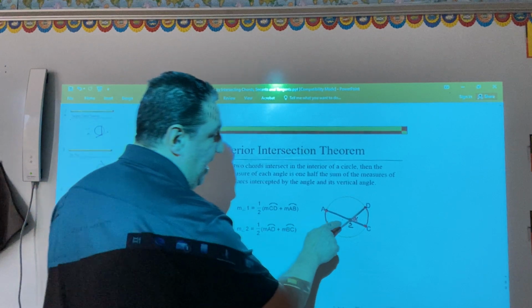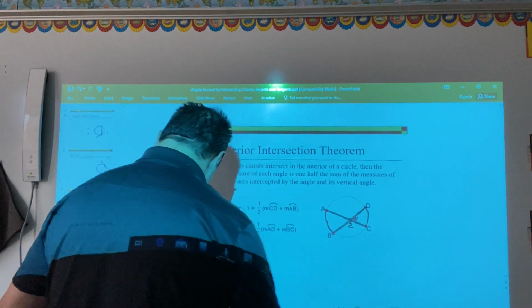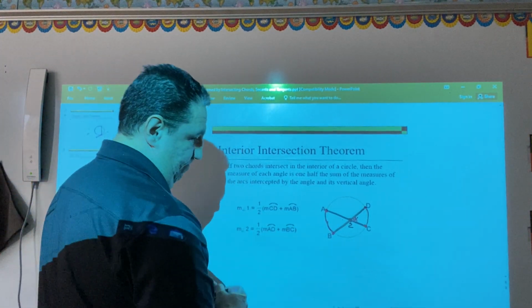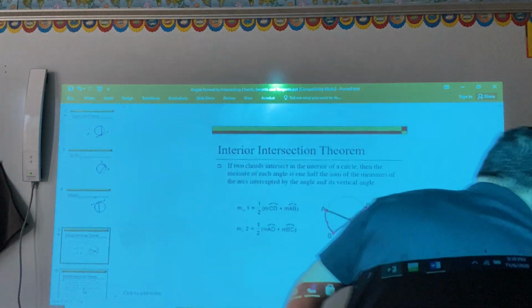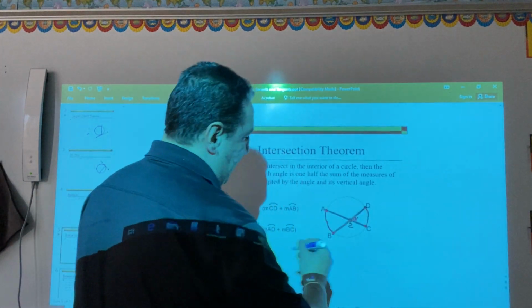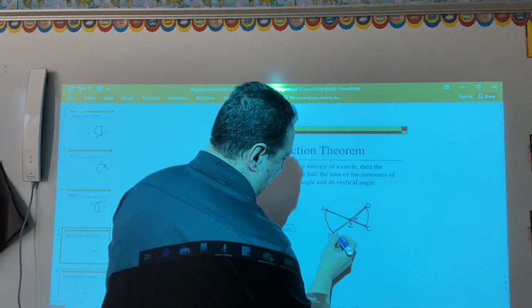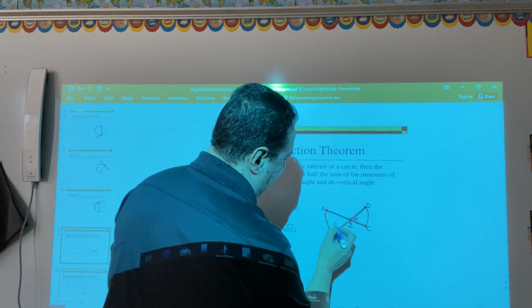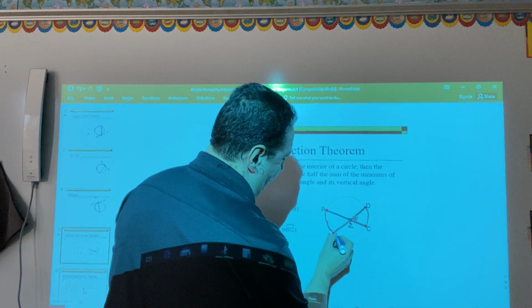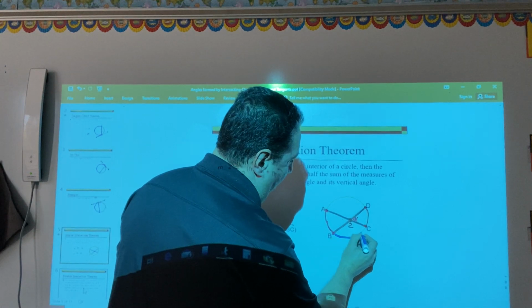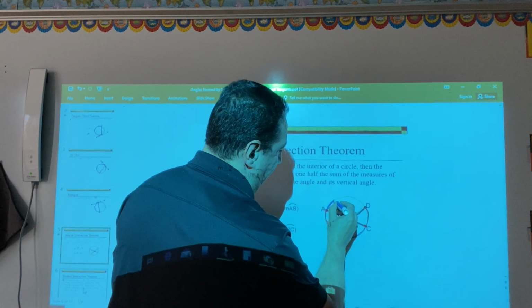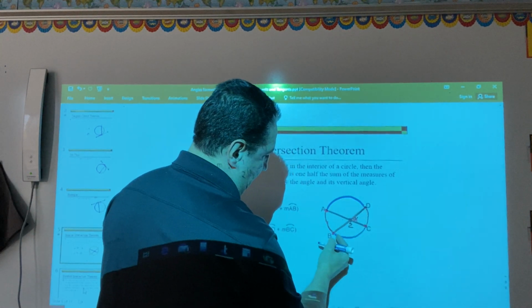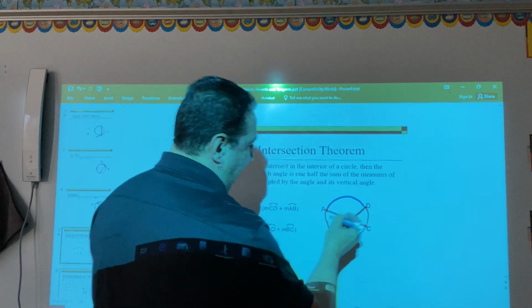Also, angle 2 intercepts the circle in points AD and BC, right? So, the intercepted arcs for angle 2 are BC and AD.